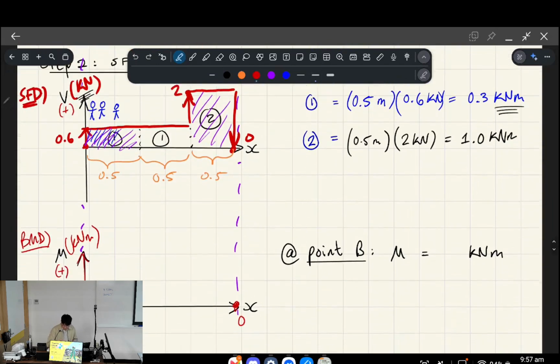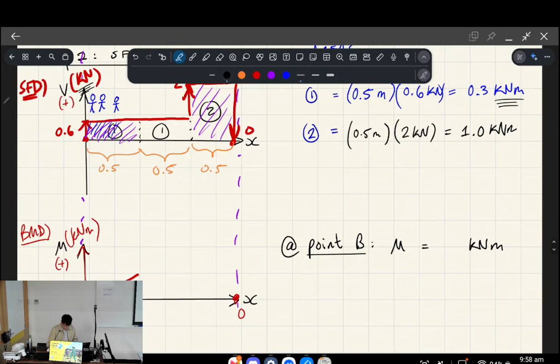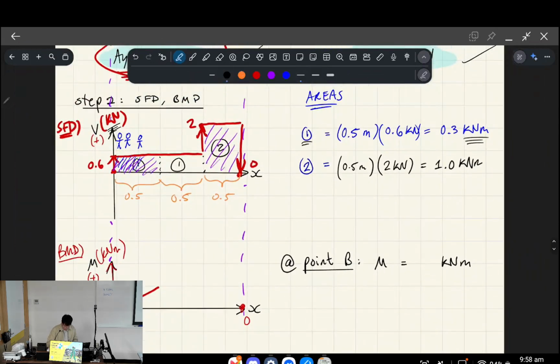That is to say, this determines the rate of change of this line, okay? So if this is a rectangle, this will now become a rising line, okay? So after we've traveled one area of that one block, all right, at that stage, our bending moment is going to equal whatever we calculated for the first area. Okay, so that's 0.3 kilonewton meters, all right?